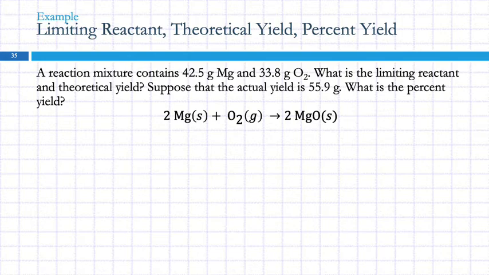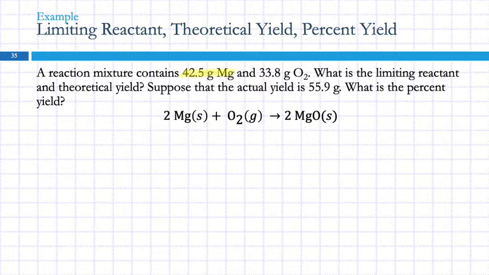So let's do an example. Reaction mixture contains 42.5 grams of magnesium and 33.8 grams of oxygen. What is the limiting reactant and theoretical yield? Suppose that the actual yield is 55.9 grams. What is the percent yield? Let's just calculate all the things. Well, always a good idea to start by just identifying the numbers, the things that were given in the problem, right?